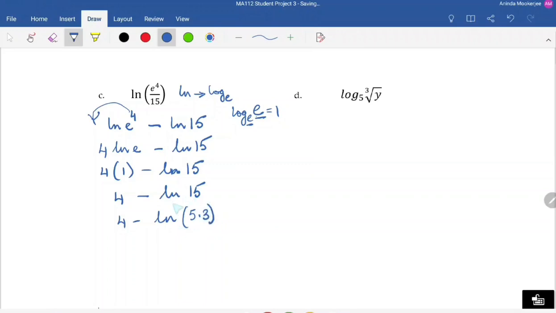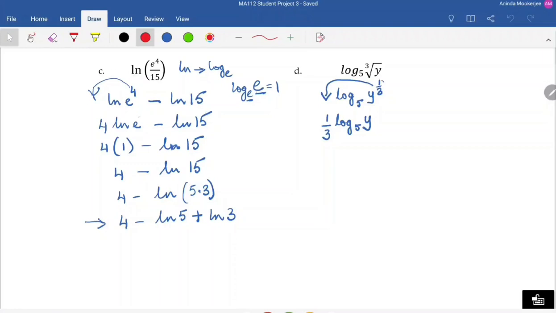So we can further split this up and write it as 2 terms. So it can be 4 minus ln of 5 plus, all right, because this is a multiplication, we have to write it as ln of 3. Now that is the complete expansion of this expression in part C.